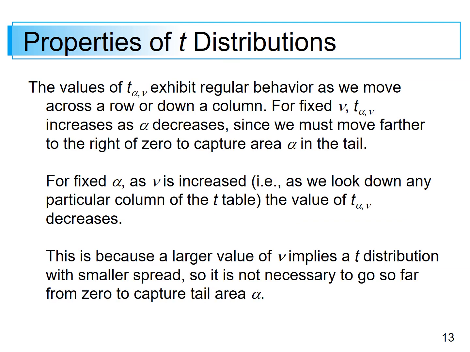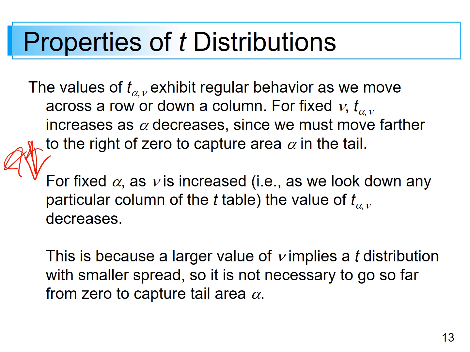Let's talk about how the t-value changes depending on the value of alpha and degrees of freedom. When we have a fixed degree of freedom, what do you think happens to the t-value as alpha increases? Alpha decreases.